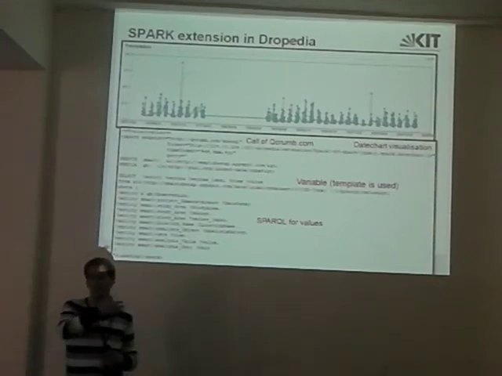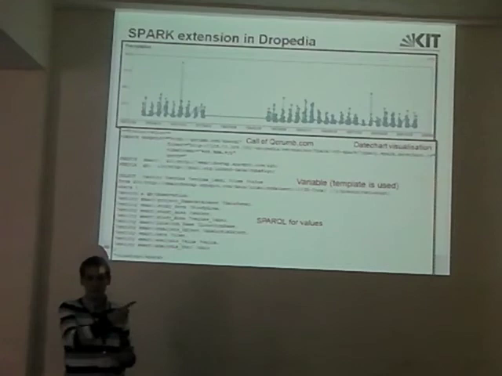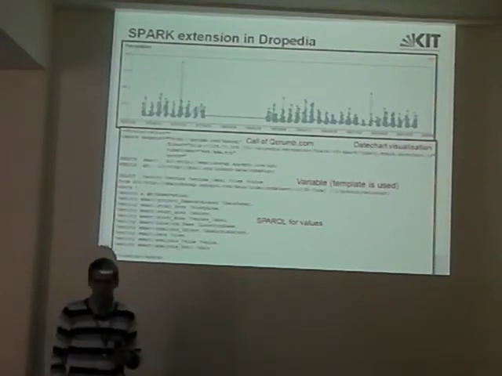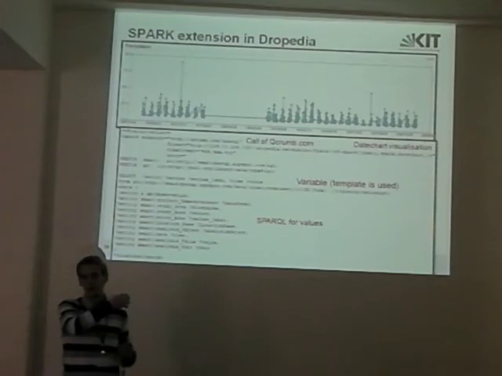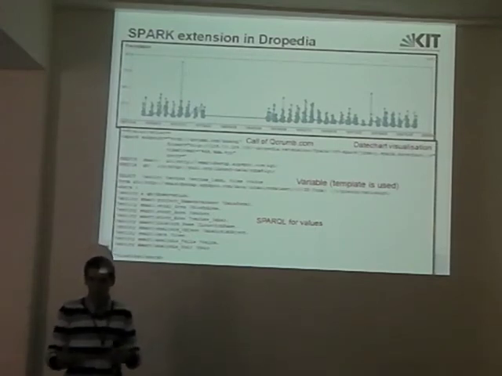The reason is that we are right at the beginning, so what we want to have is this real combination. At the moment it's about querying, and this is what I've shown. With BERT or some of these tools you mentioned, or even with XOV, we could have made much bigger, better things. But this is one way how we can include it into Dropedia, and then we can build something with it.